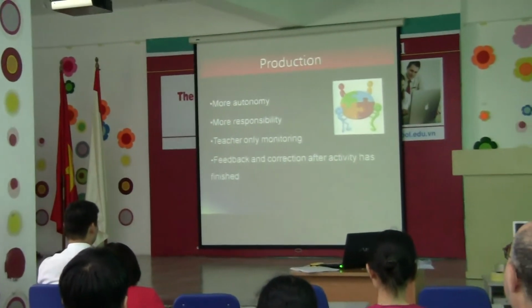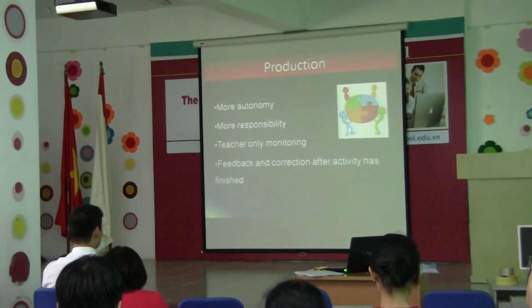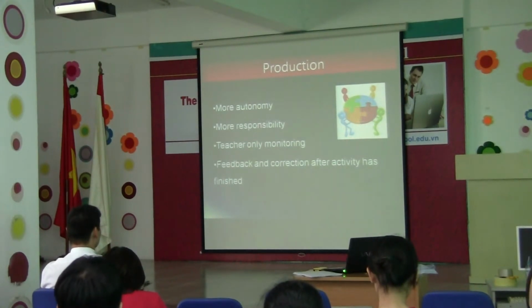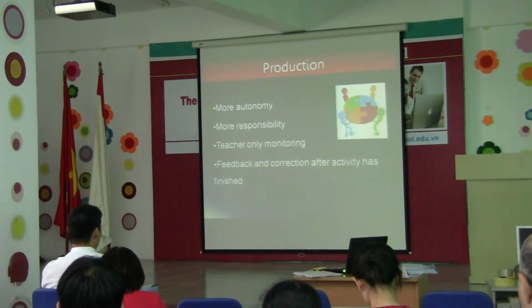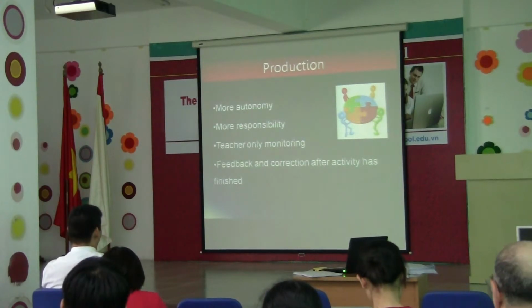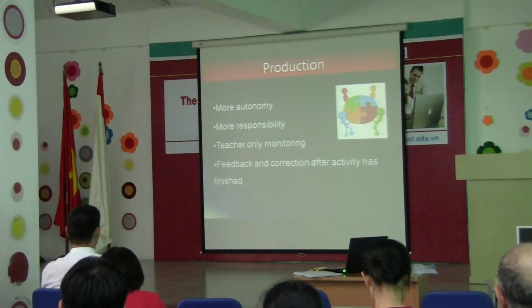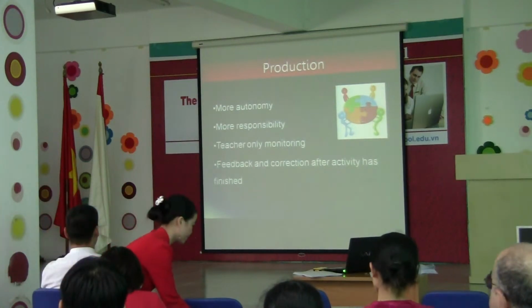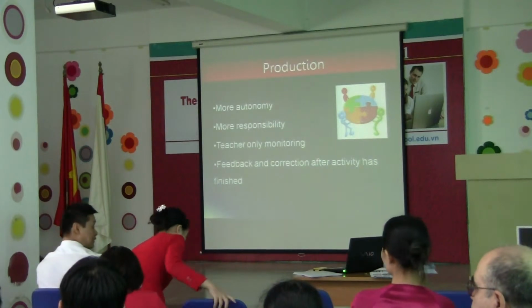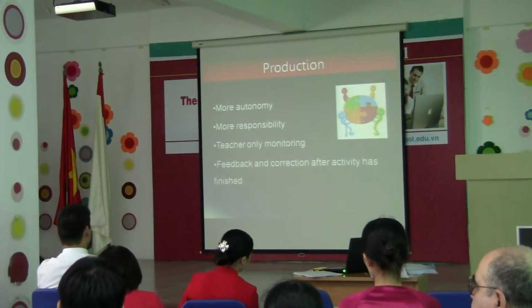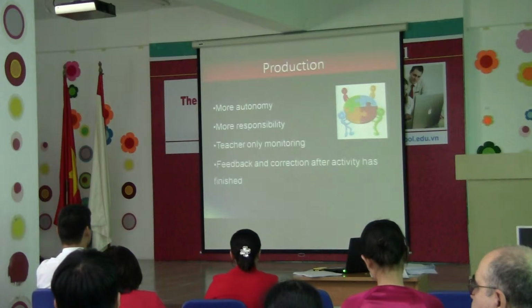Production. Once we get to the production stage, there's more timing. This is where sometimes we need to let go a little bit and say, experiment. Use the language. Get it wrong. Mistakes are part of learning.